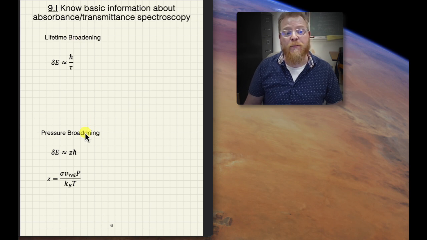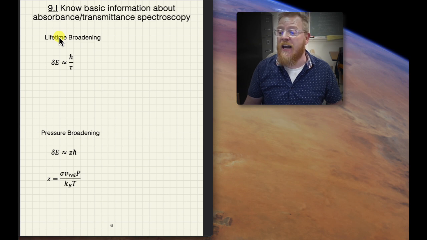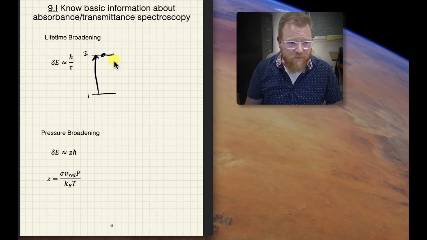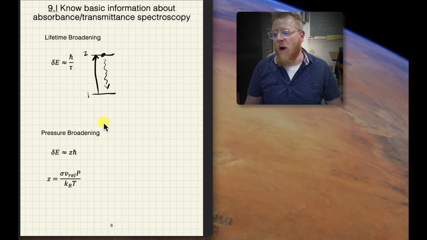The last thing to talk about with spectral width are two factors: lifetime broadening and pressure broadening. Lifetime broadening is related to how much time a molecule spends in an excited state. For example, suppose we have state 1, and I'll just do this generically, and state 2. We pump up our molecules into state 2, and then we see them radiate back down to state 1.